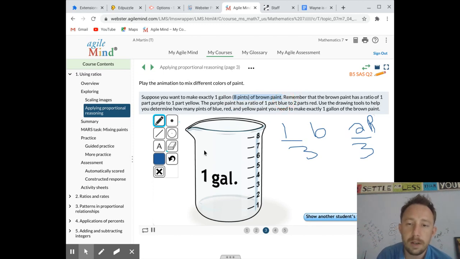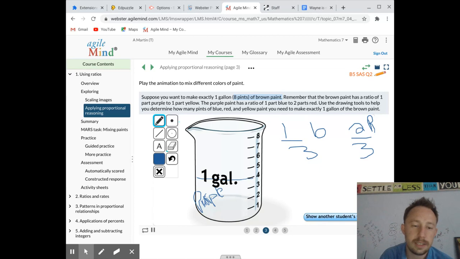But we know that the purple paint takes up half of our container. So a half gallon is going to be purple. So how many parts is making up the purple paint? One. All right, so looking at this, we got our purple paint, right?